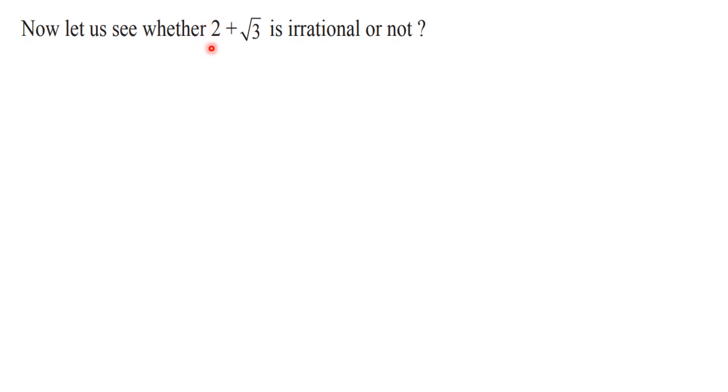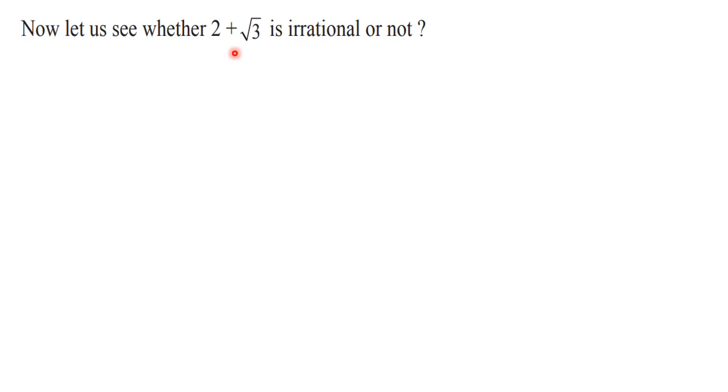See, 2 is a rational number and root 3 is an irrational number. So is this addition of rational and irrational irrational or rational? Here also we are going to use indirect proof. That means we are going to assume that it is not irrational, that means it's rational, and then we are going to get a contradiction.